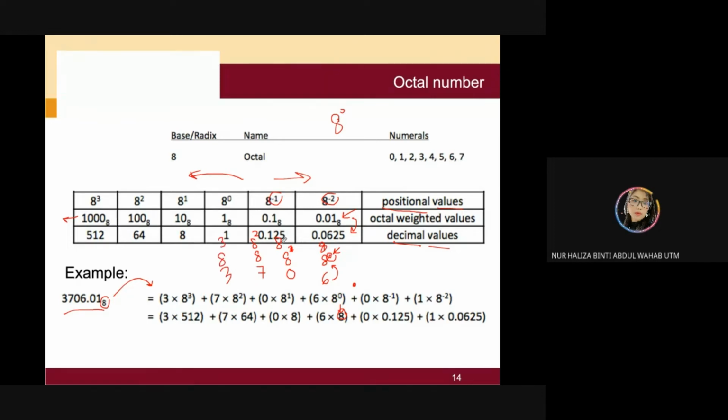So over here, 8 to the power of 1 you will get 8, 8 to the power of 2 you will get 64, 8 to the power of 3 you will get 512. Okay, now over here, you multiply it, and the value you add all together, similar to this.